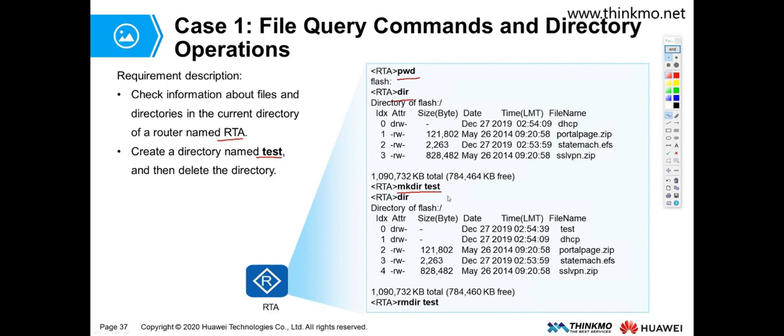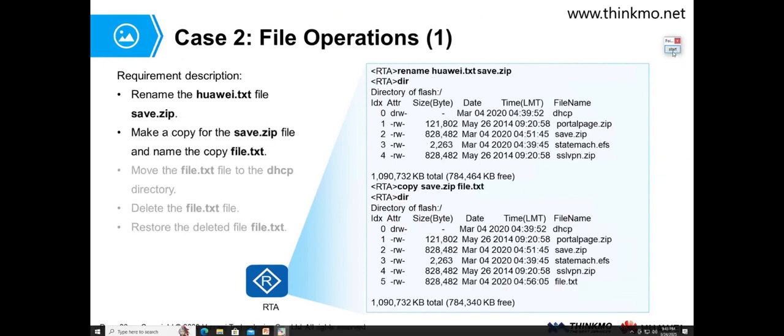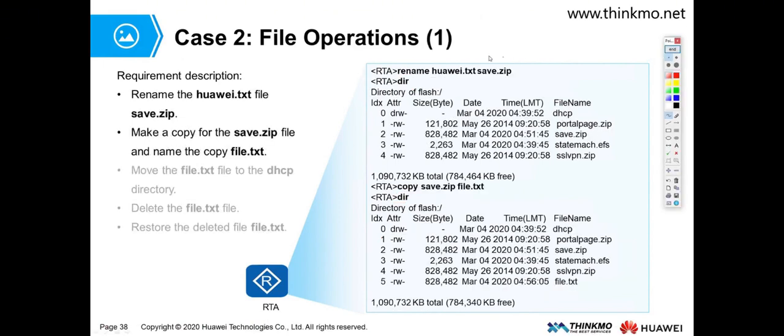Once created, if you want to see if it was successful, you can display it, and here you can see that we created a directory at a certain time, and its name is test. If you want to delete it, you can use rmdir followed by the name of the directory to be deleted.